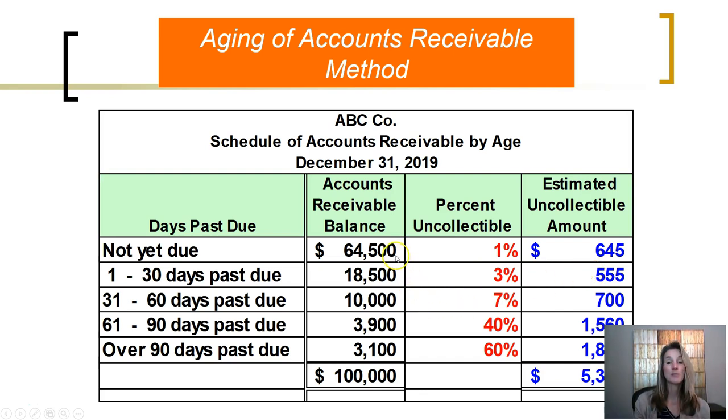What we're doing is grouping all of the customer accounts by how far past due they are. And then we're seeing that as the accounts become further and further past their due date, management's estimate of collectability gets worse and worse. The uncollectible percentage increases. So when we add up the totals for each aging group, the total is $5,320. We just calculated step 1 of the accounts receivable method.